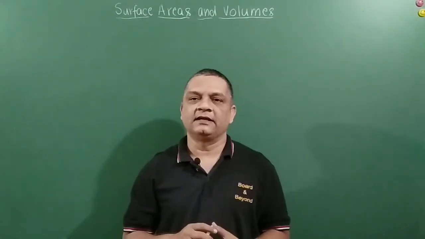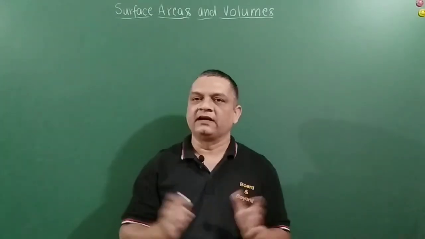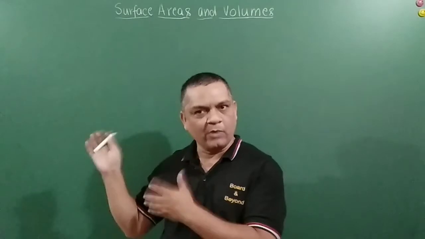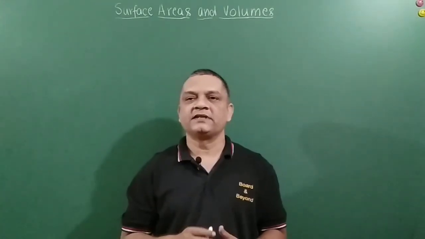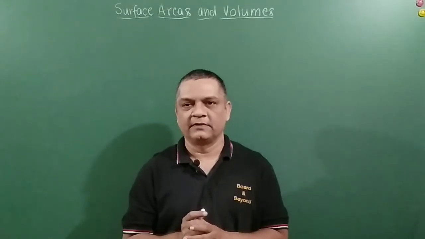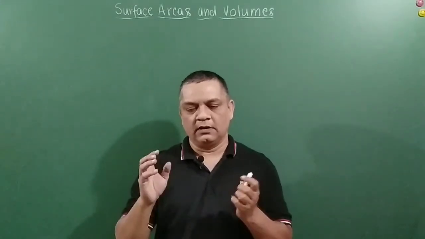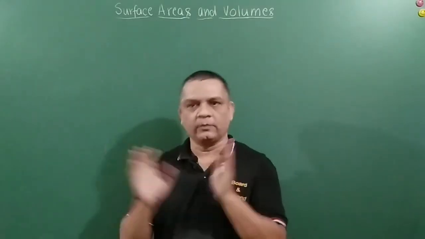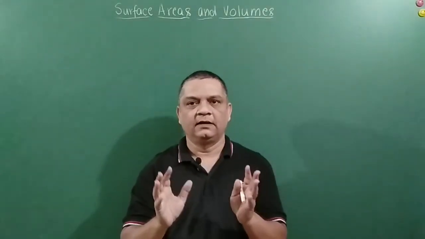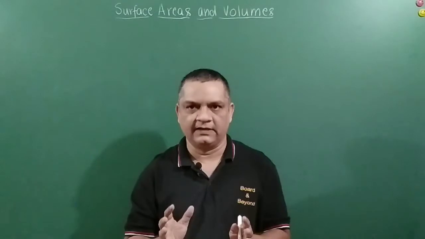And second thing is that before we start the topic in proper, let us first understand what is surface area and what is a volume. So surface area of any solid, we are talking about solids here, we are talking about three-dimensional figure here, okay?